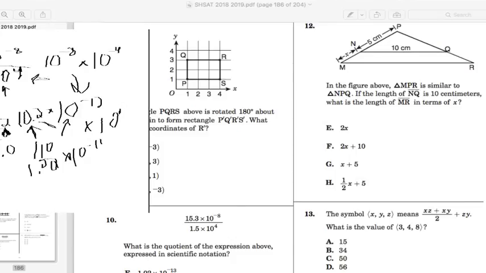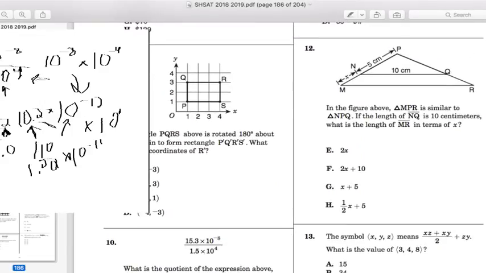Let me see here. Yeah, something went wrong with this stream.